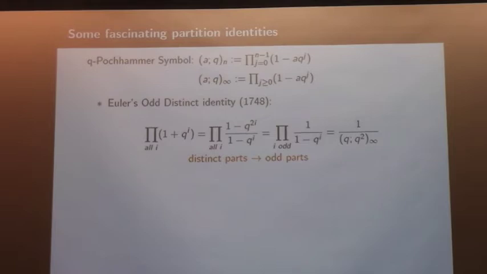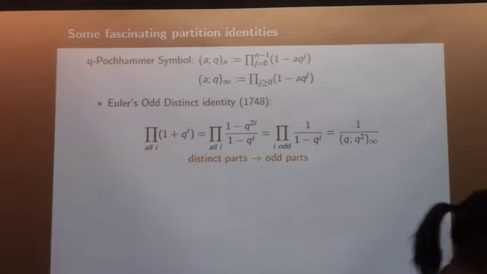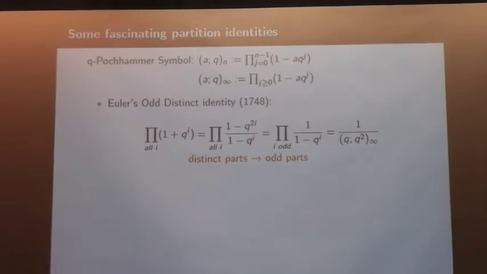So let's say we want to partition the integer 4. So that's 3 plus 1, 2 plus 2, 2 plus 1 plus 1, 1 plus 1 plus 1 plus 1, and 4 itself. So we have 5. Yeah, there are 5.